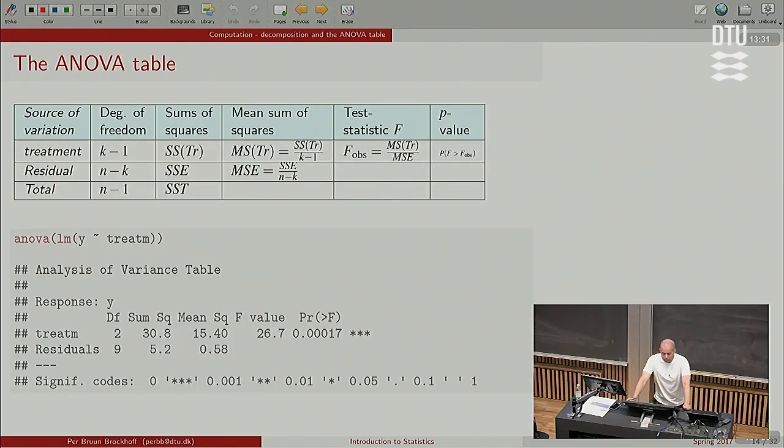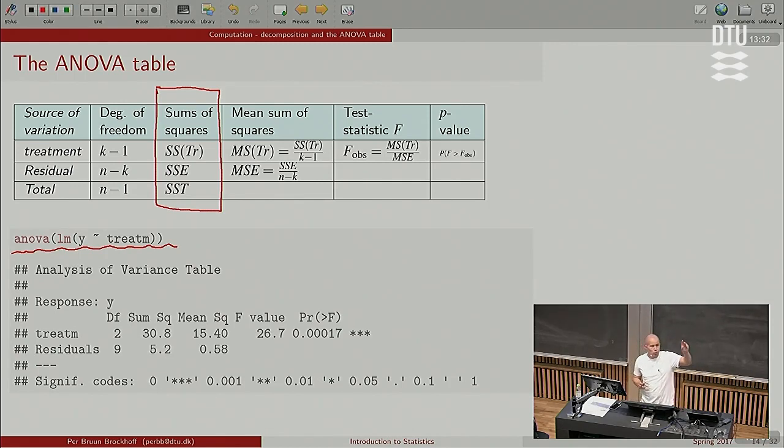Then the way most software in the world works for you is this way. It gives you the summary of all of these computations that I just told you. It gives you the sums of squares. Basically, these were the 3 ones I gave you explicit formulas for. The ANOVA table, as it comes out of R, when you do it like this, you have to use the same kind of model notation, lm, linear model, the same as the last couple of weeks.